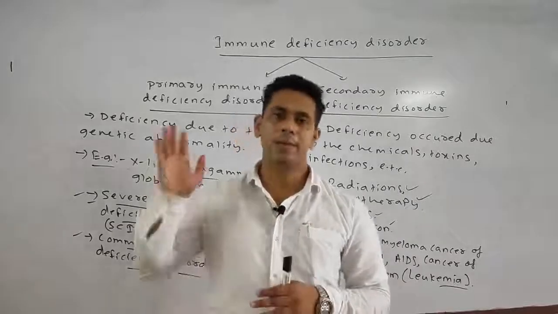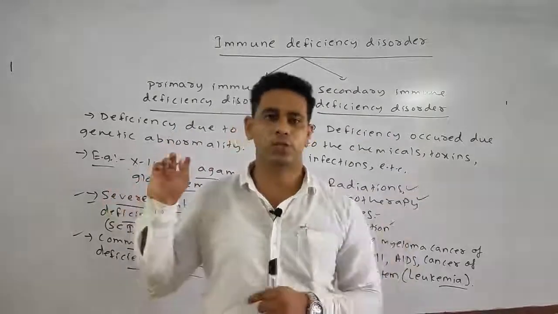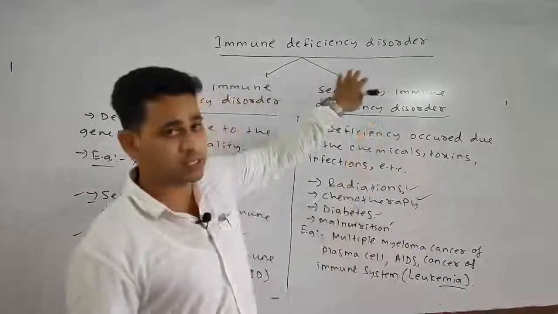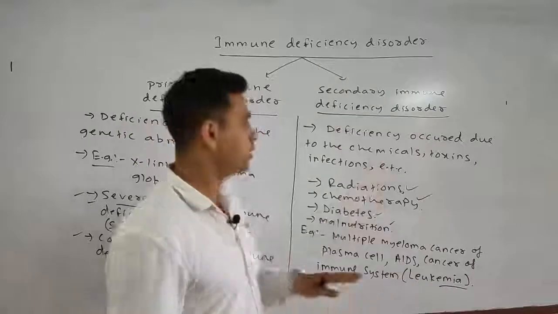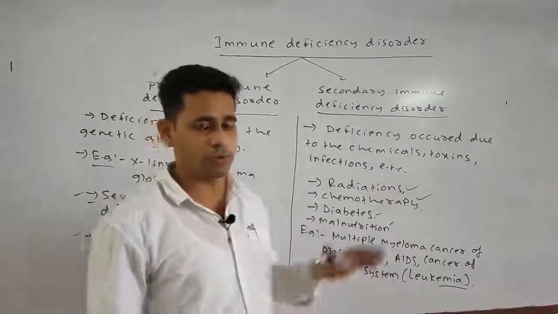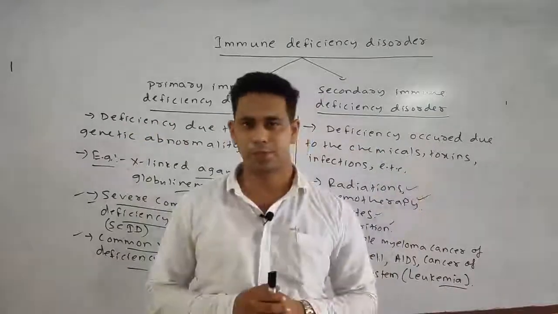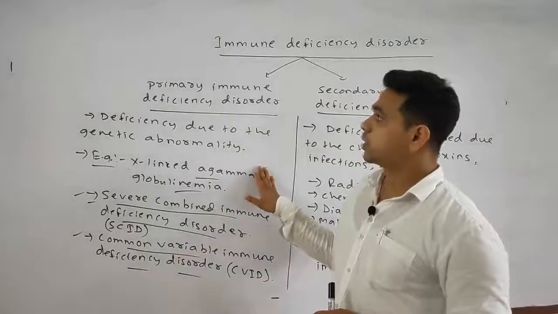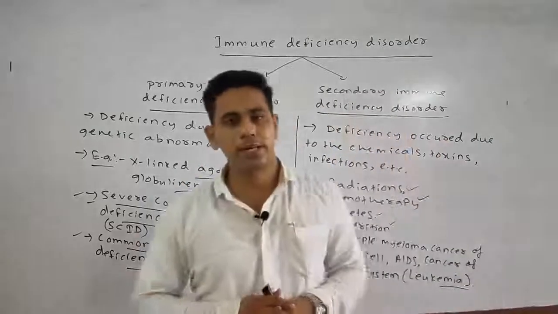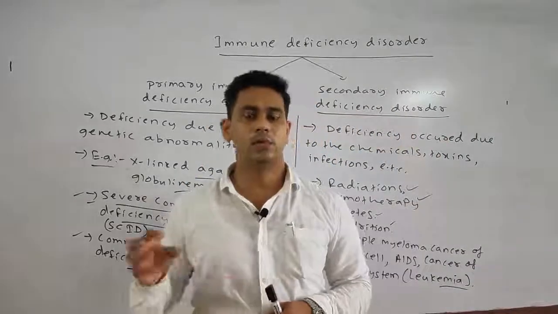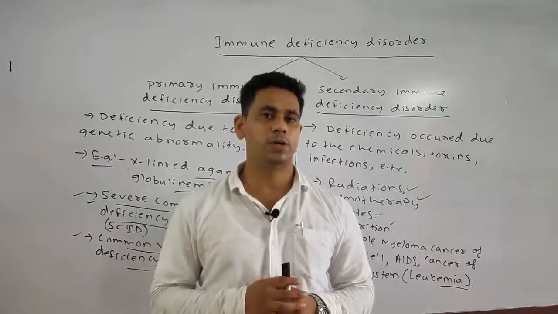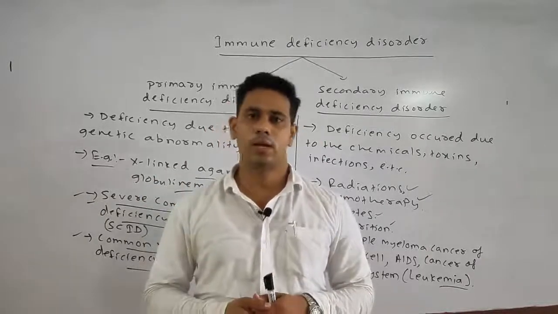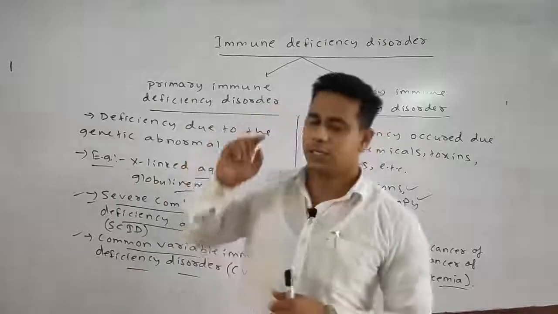It can be of two types, primary or secondary. Primary is due to genetic abnormality. Secondary is due to various chemicals, toxins and infections. So today we discussed completely the active immunity and passive immunity and related terms such as autoimmune disorder, autoimmune system and the lymphoid organs, and lastly the immune deficiency disorder.